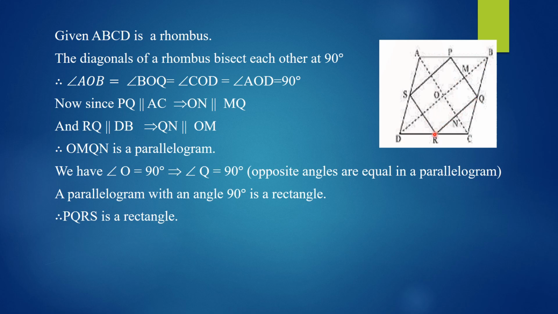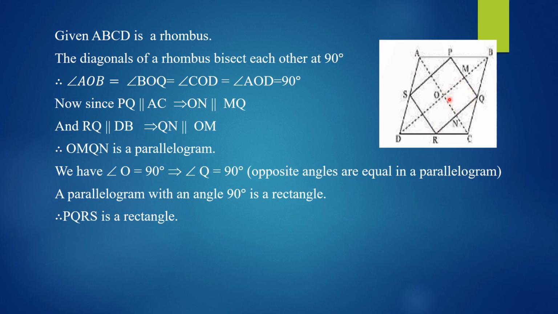Since QR is parallel to BD, we can say QN will be parallel to OM. So we got two conditions: ON is parallel to MQ and QN is parallel to OM. Both pairs of opposite sides are parallel.